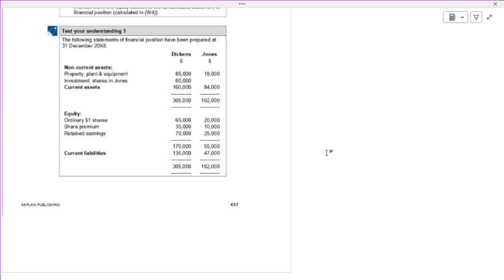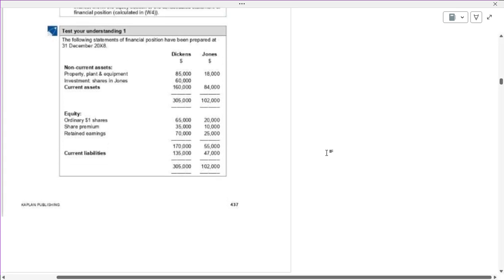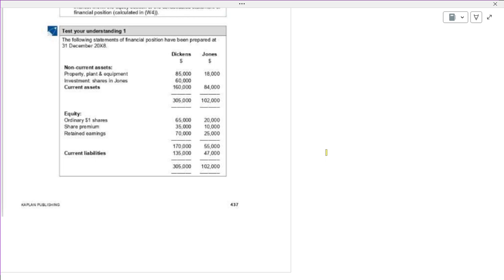Working 3 is the goodwill. Working 4 is the NCI. Working 5 is the retained earnings. These are the 5 steps we have to work on. This structure will be the same in all the questions. Plus you will have some adjustments, but the structure will not change.